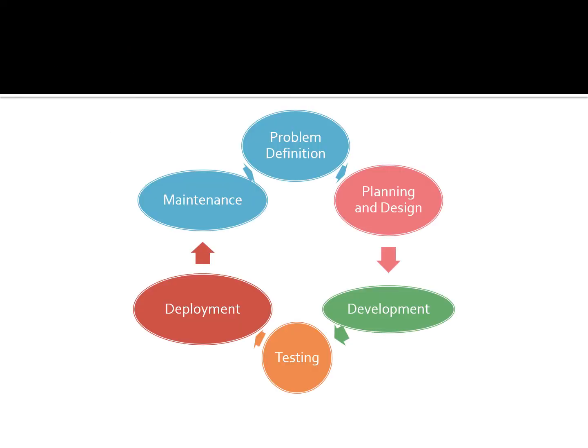Now in this figure, you will see the 6 phases of an IT project life cycle. It starts with the problem definition, planning and design, development, testing, deployment, and maintenance. So let's have them one by one.